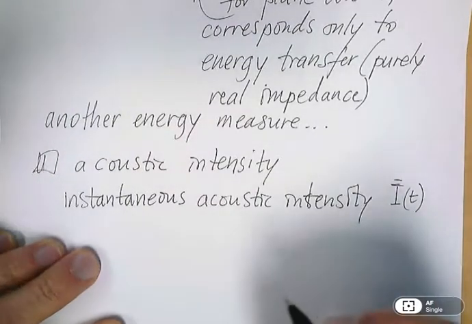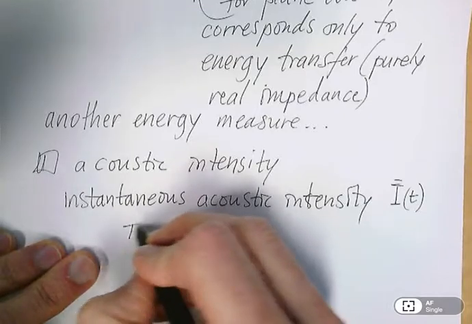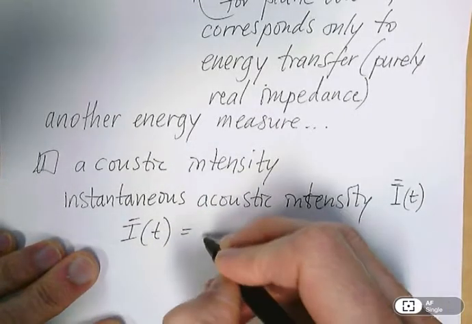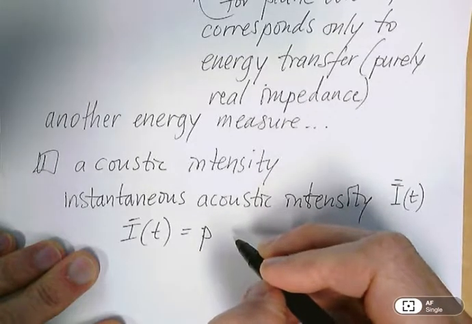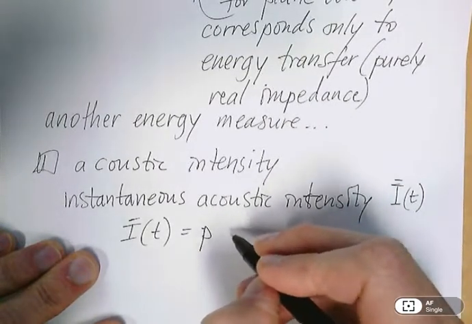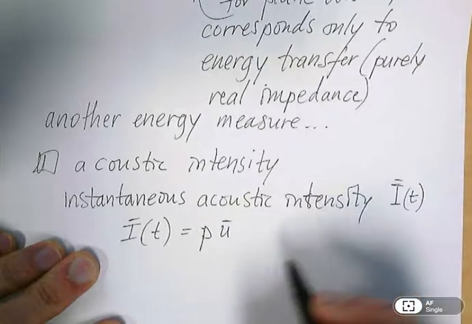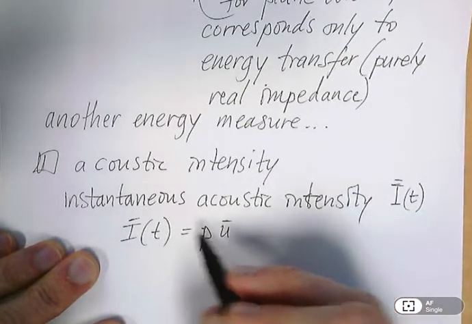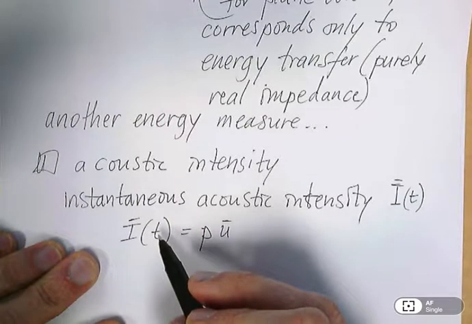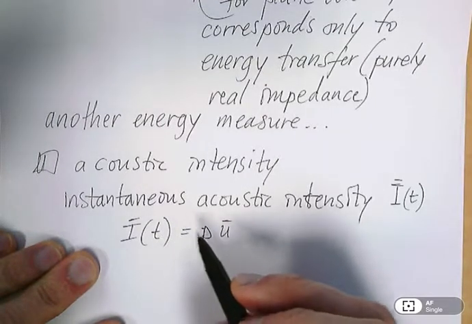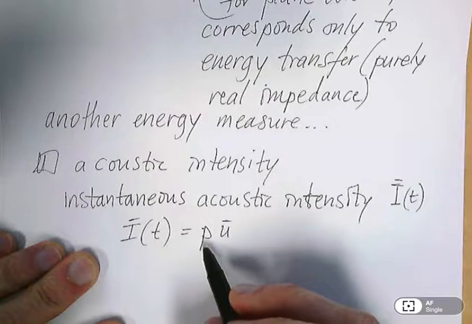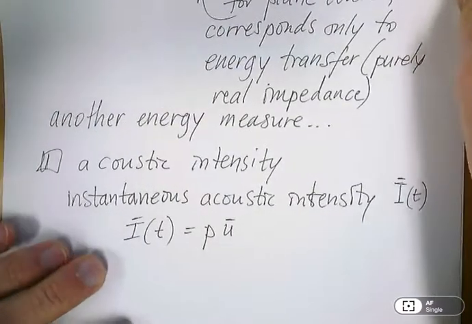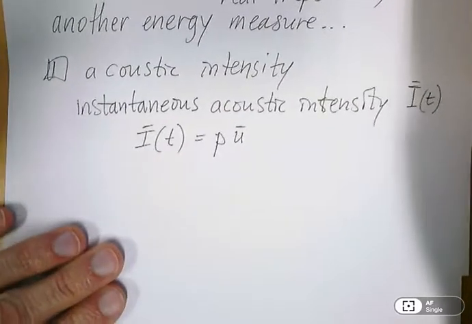So the instantaneous acoustic intensity is determined as the product of the acoustic pressure and the particle velocity, both of which are generally functions of space and time. Because this is more than just a time-dependent p and time-dependent u, I'll leave out their spatial dependencies because it's dependent on the coordinate system.